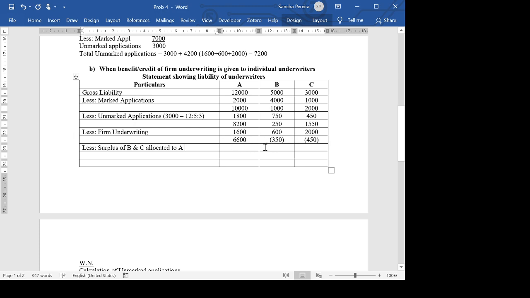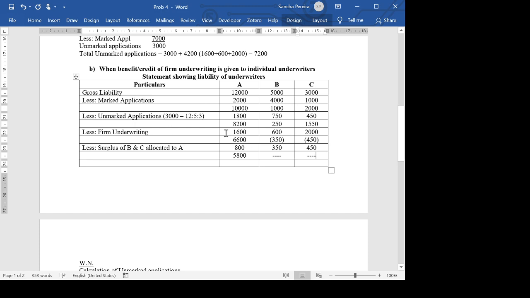I just need to add it up. So, 350 plus 450 will come to 800. So this becomes plus 350, this becomes plus 450. That is nullified. So, this is going to become 5,800. This is nil.